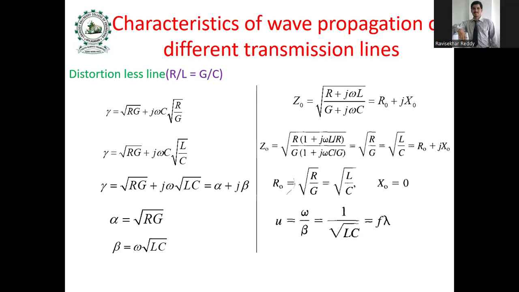Square root of R into (1 plus j omega L by R) by G into (1 plus j omega C by G). So then Z0 equal to square root of R by G, that is equal to square root of L by C. So here Z0 characteristic impedance is purely real. So velocity of wave propagation u equal to omega by beta, that is equal to 1 by square root of LC.